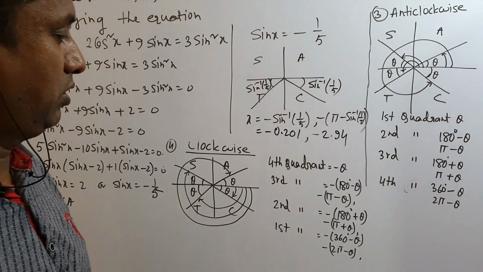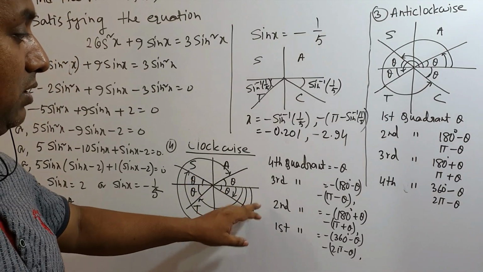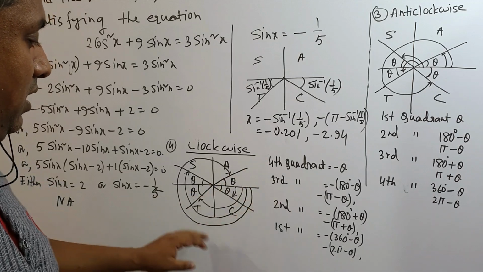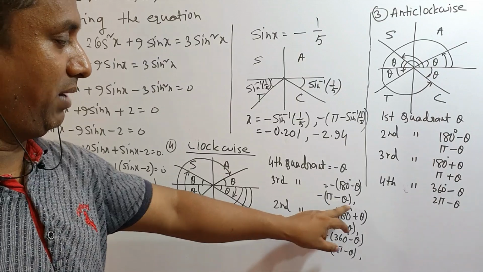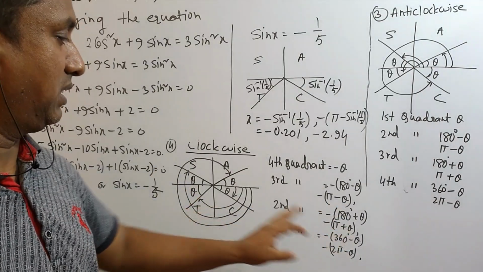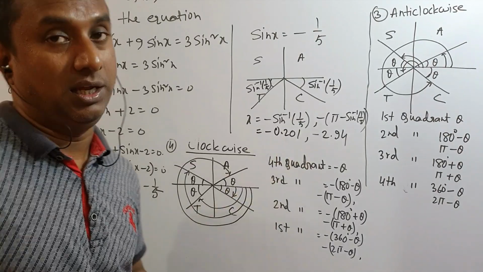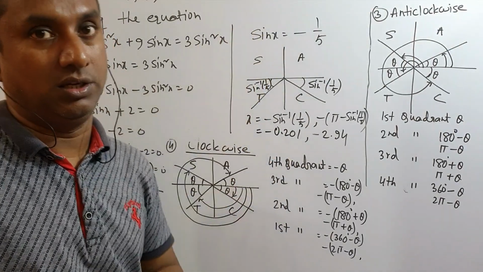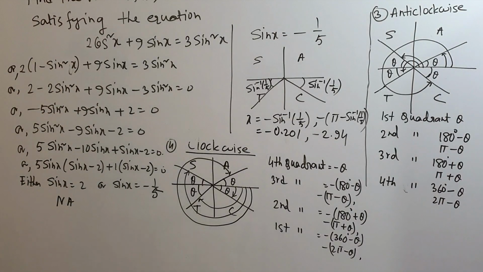So I have used the quadrants: the fourth quadrant is minus theta, the third quadrant is minus pi minus theta, the second quadrant is minus pi plus theta, and the first quadrant is minus 2 pi minus theta if it is in the negative range.